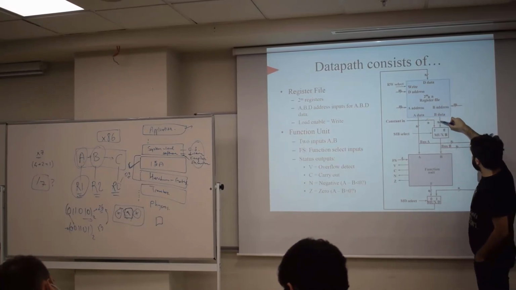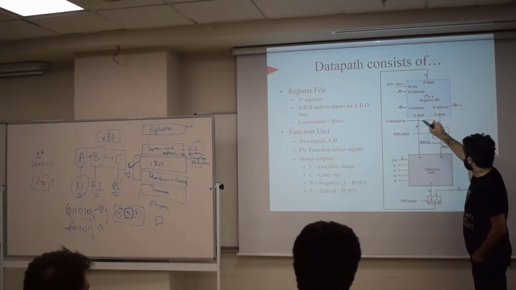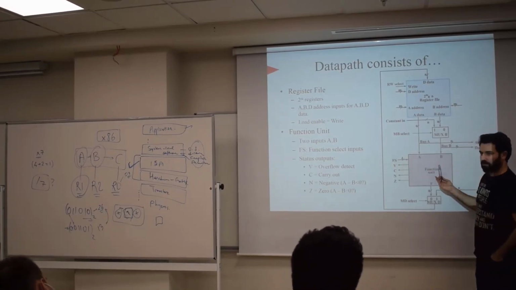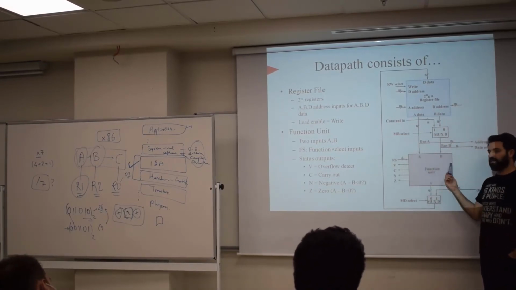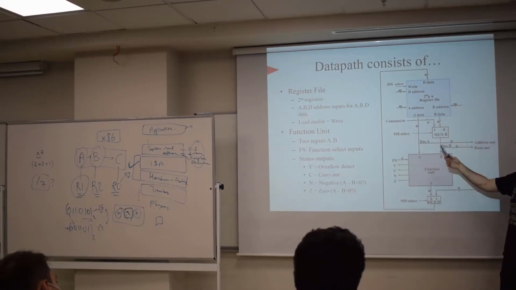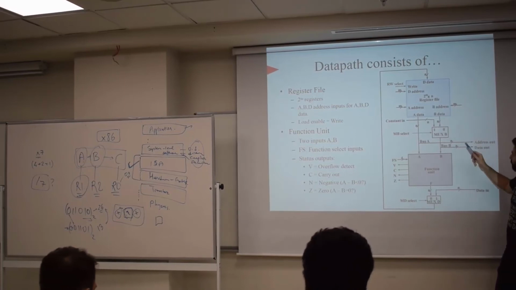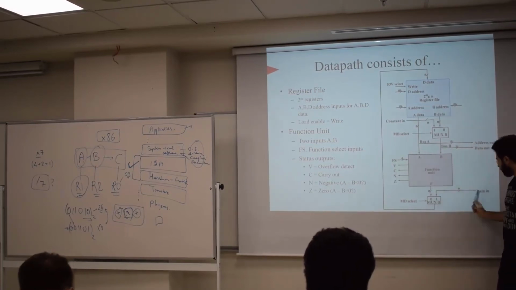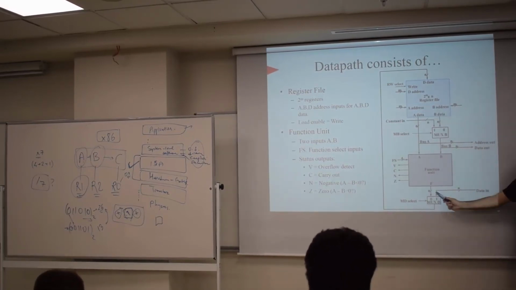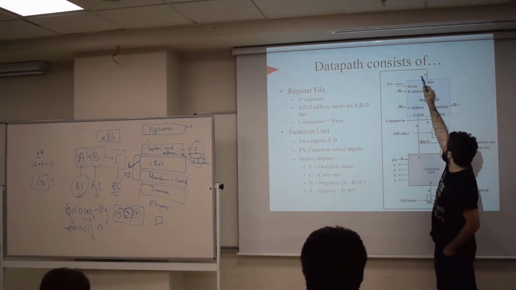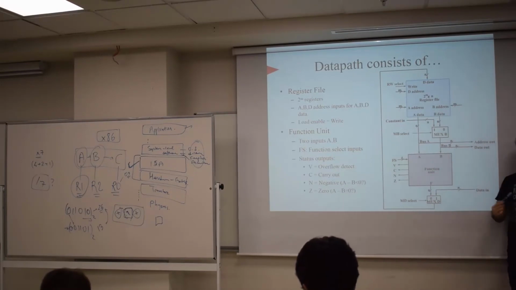Those A data and B data now go in. You've got this constant in. This is the function unit. I don't need to really draw the details anymore, that's why I'm showing you this big-level picture. And these are address out and data out. And there's a mux here to get data from the memory or from the function unit, and that data goes back to the register file to be written. Okay?